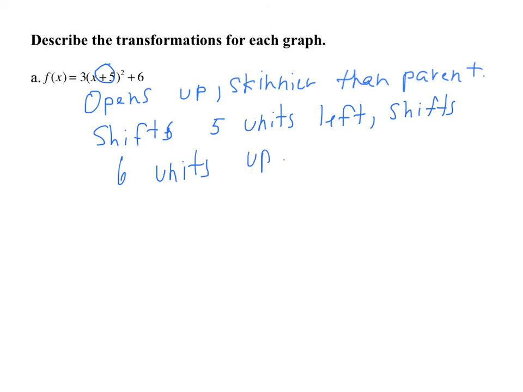And that's all that you're really asked to do here when you're asked to describe the transformation, is put the numbers into words. What is happening to the parent with all these changes in numerical values?